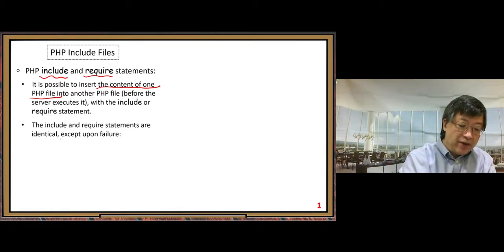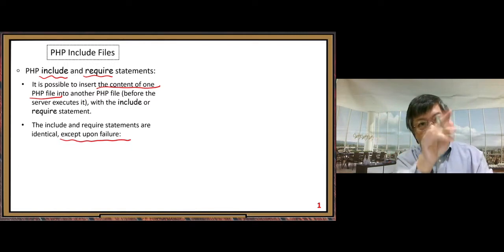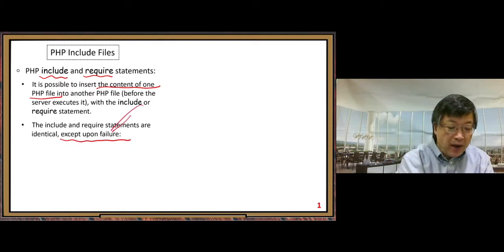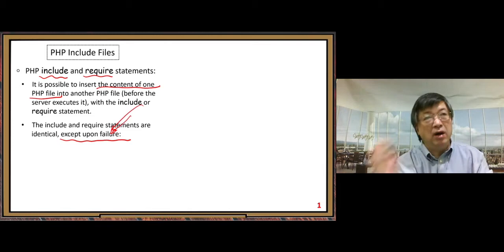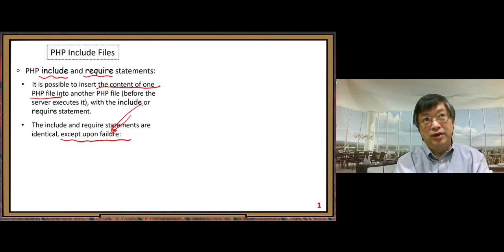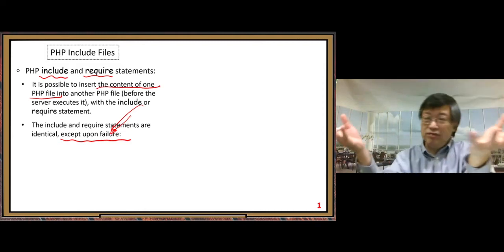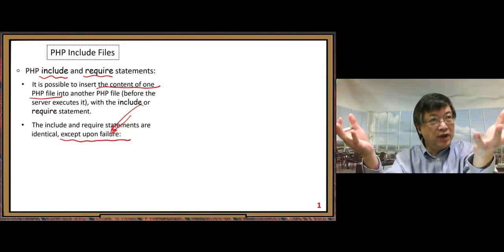All right, so now the difference. Almost identical, but regarding the failure error part, because when you include, the file may not exist, right? Sometimes when you copy files to different places, you forget to copy the included file.